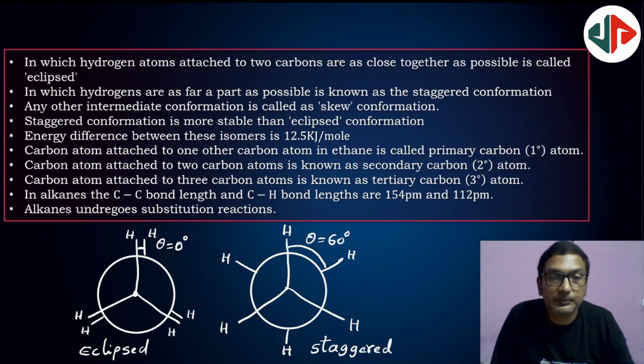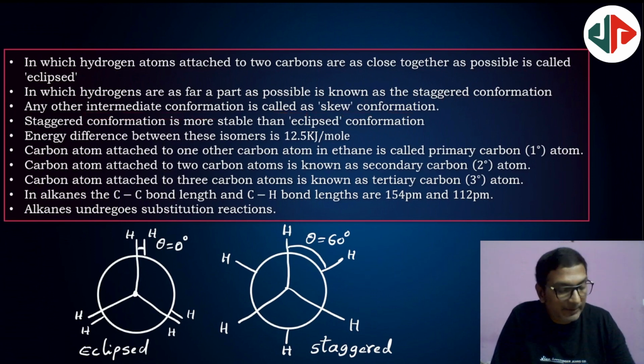These are two extreme conformations of ethane. The one in which hydrogen atoms are as far as possible is staggered conformation. So any intermediate conformation is a skew or gauche conformation.